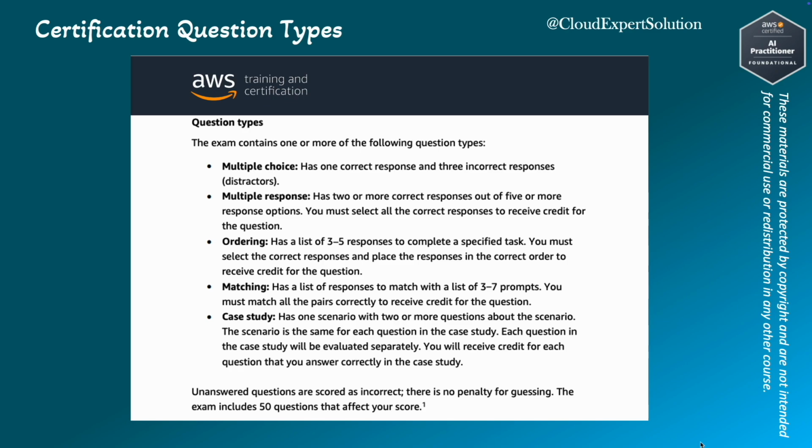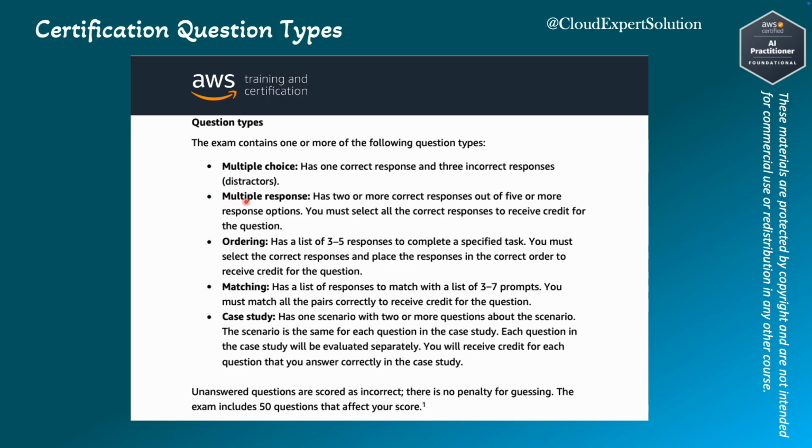This screen print is taken from AWS Certified AI Practitioner Exam Guide. Let me explain the type of questions you will encounter during the certification. First, multiple choice questions. Here you need to pick one correct answer from the 4 options. Then multiple responses.